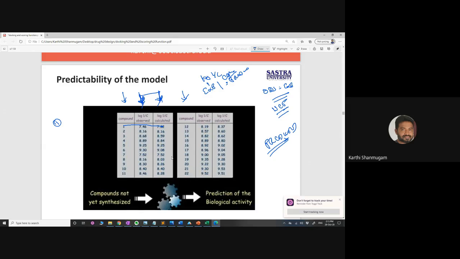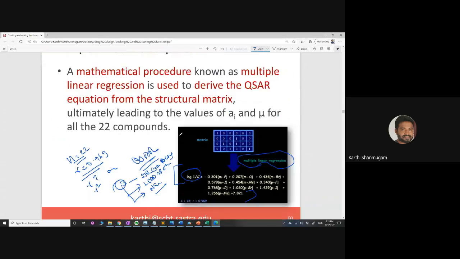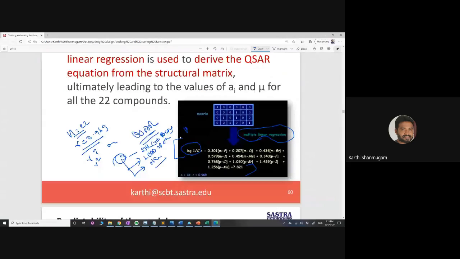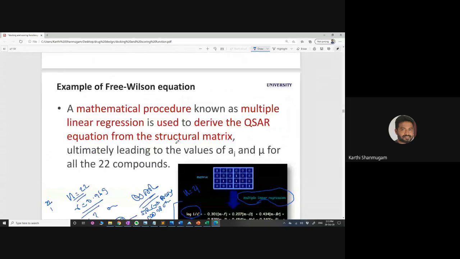We assume that the molecule is removed, so the remaining 21 compounds are used to develop the model. Now N is equal to 21. Actual data set is 22, but we use only 21 compounds for developing this model. The remaining one molecule, we already know its experimental biological activity.